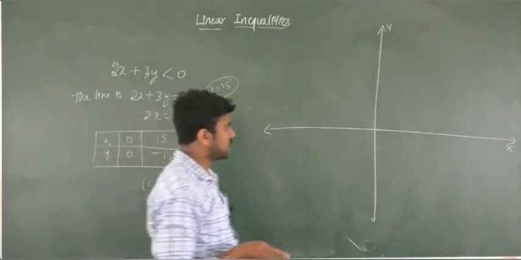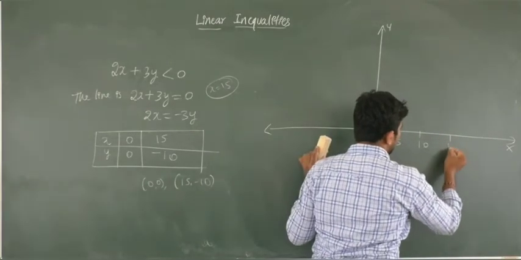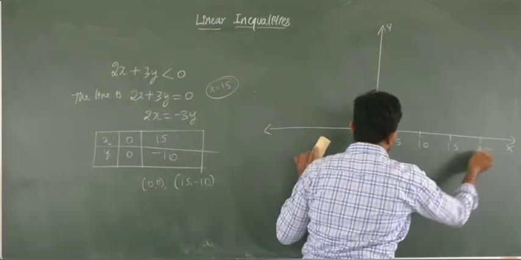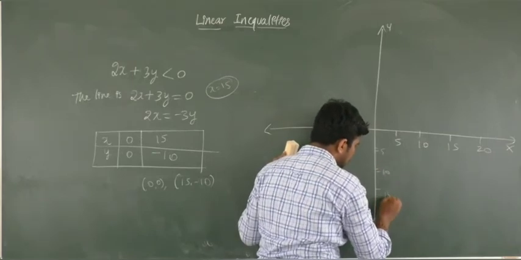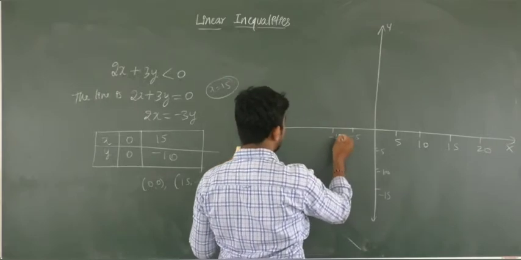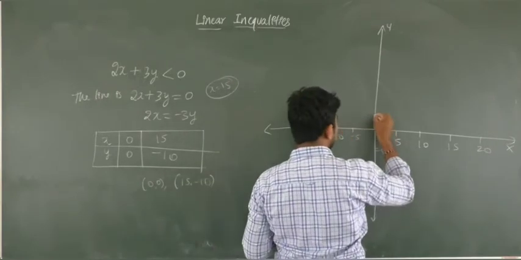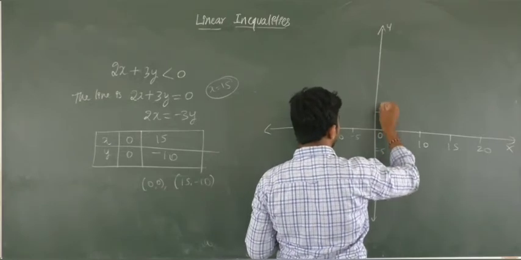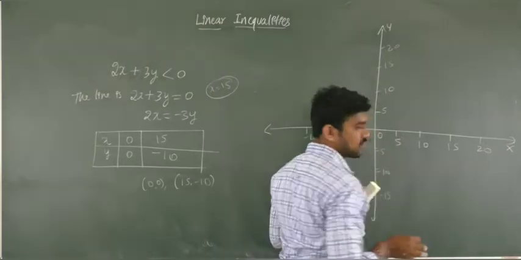So I'll take the points like this: 5, 10, 15, 20, and minus 5, minus 10, minus 15. And here also the same, minus 5, minus 10, minus 15. And here this is the origin.